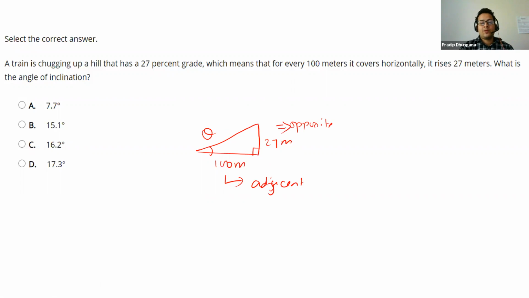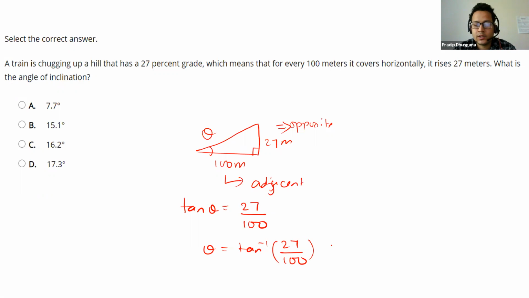Now, if we have opposite and adjacent, we'll use tan theta to calculate that angle. So tan theta is opposite, which is 27, over adjacent, which is 100. And to calculate the angle by itself, you have to take the inverse. Theta is your tan inverse 27 over 100.